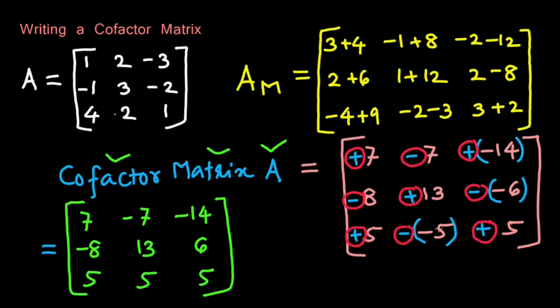That is, you have to start from plus and alternately write minus, plus, minus, plus, minus, plus, like that, and you will get the proper signs of the minors of the 3 by 3 matrix A. So this is how you can directly write the cofactor matrix of a 3 by 3 matrix without doing the calculations of minus 1 raised to the even power or odd power, and so on.